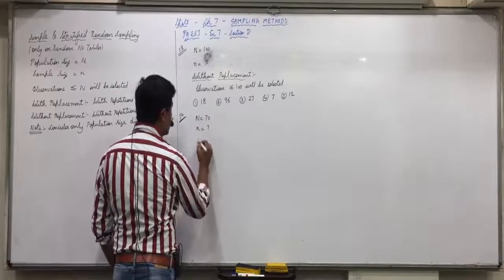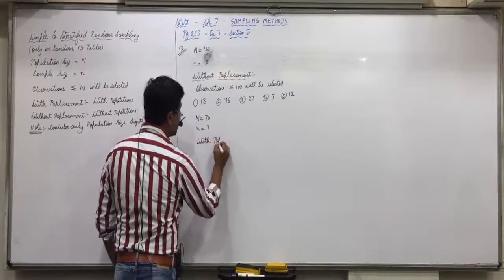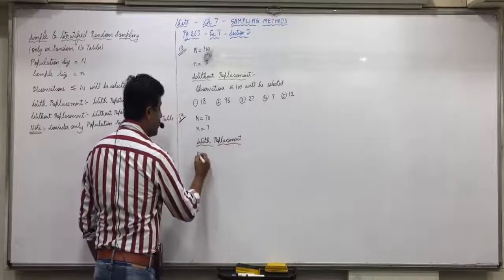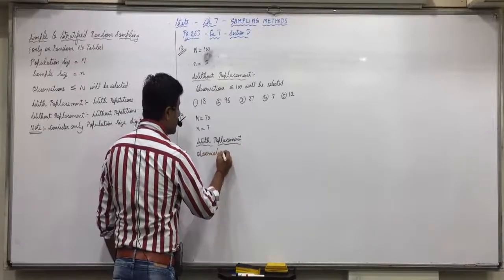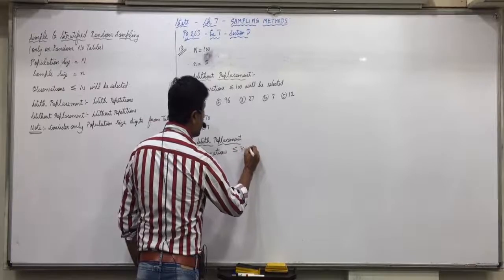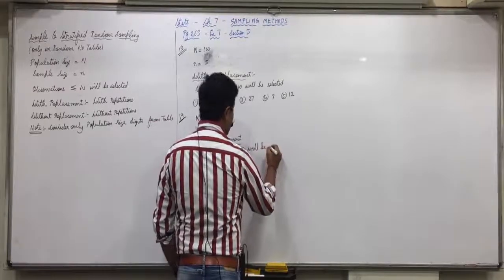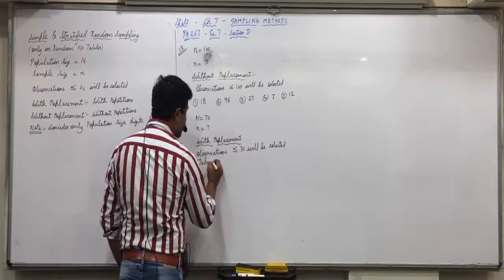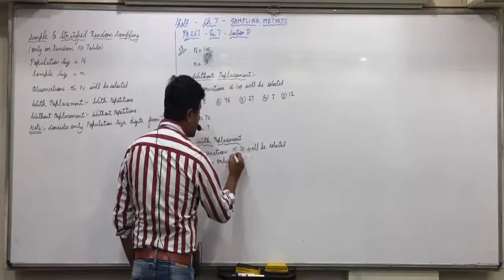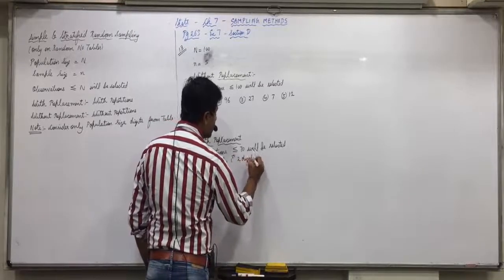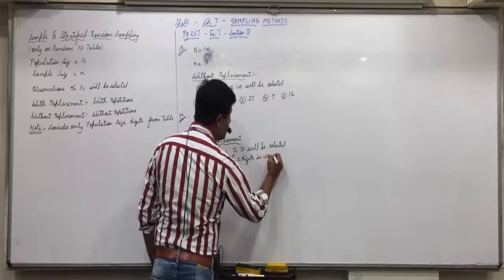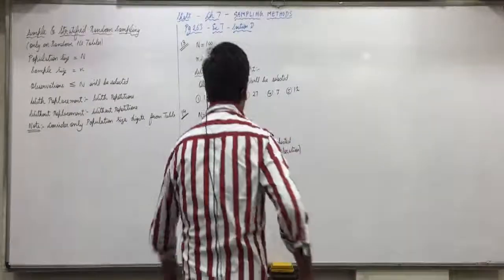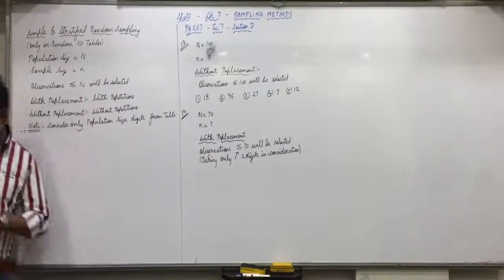Small n is 7. Now this is with replacement. Observations less than or equal to 70 will be selected, in brackets, taking only the first 2 digits in consideration.